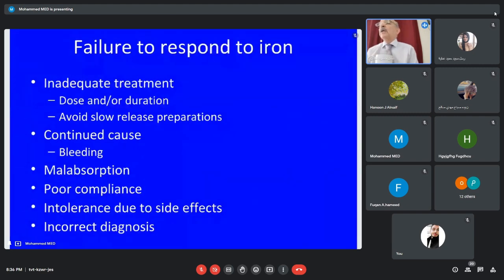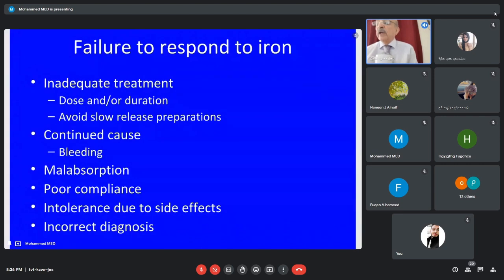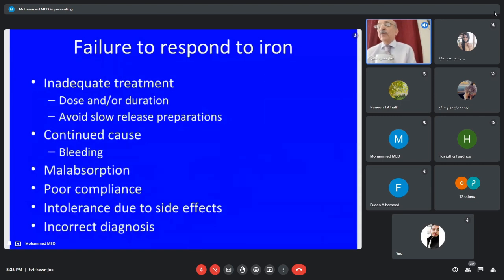Because a normal human body contains about 6 grams of iron. 0.5 gram is circulating in the red blood cells, and 5.5 is stored in the liver, spleen, and other reticuloendothelial systems. When the patient is iron deficient, this means that he or she has depleted the stored iron in the liver, spleen, and reticuloendothelial system.